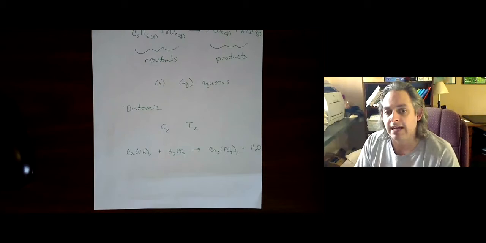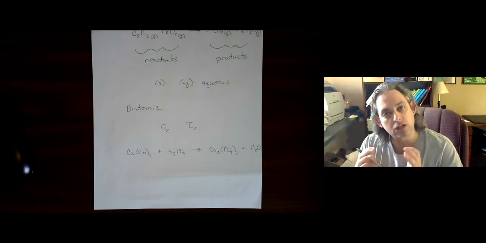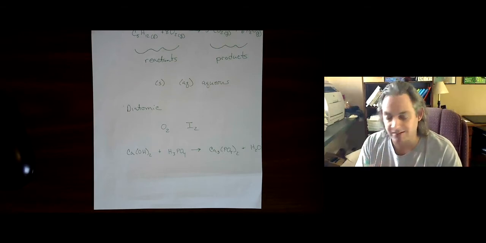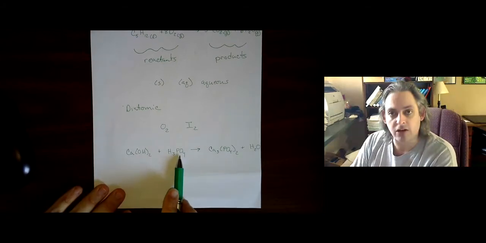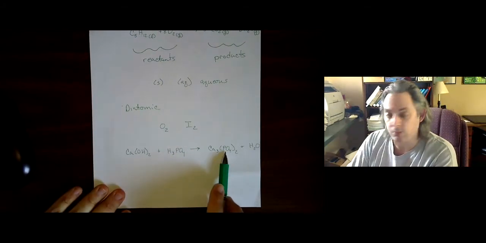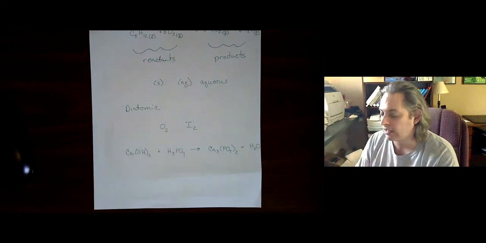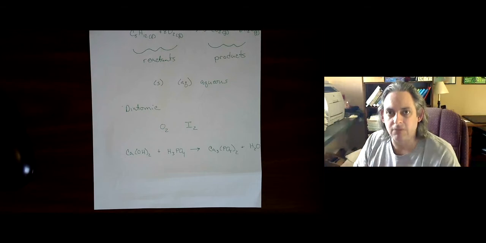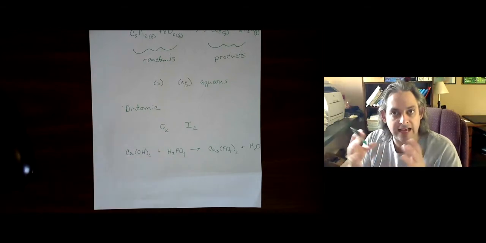Another trick is whenever you see groups of elements in the form of polyatomic ions, a lot of times you can group those together to help balancing. And so that's what we're going to do here. Notice that we have the phosphate, PO4, and we have a PO4 here, the phosphate ion. And so we're going to group those together. Rather than counting the individual oxygens and the phosphorus, we're just going to count phosphate as a group.